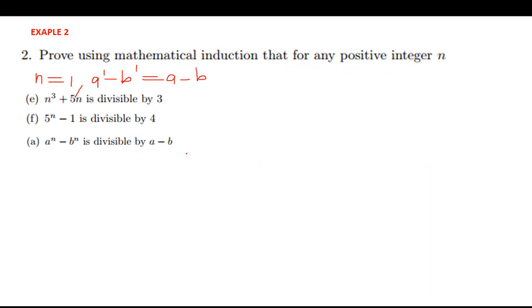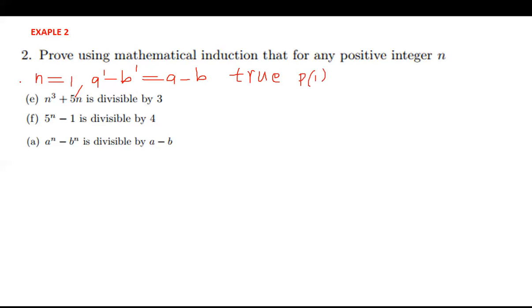Can a minus b go into a minus b? Yes. How many times? 1 time. So this expression is true for n is equal to 1, so it is true for p of 1.